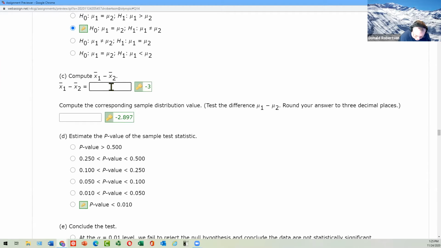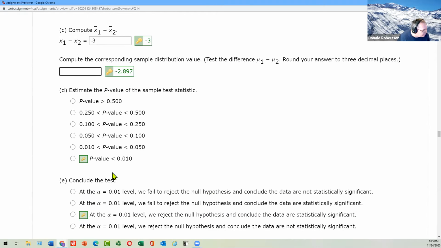The difference between the two, I didn't actually write that down, but it's negative 3. Can you see the 2.897, because that's what it rounds off to, where that came from? And we had a p-value that's in this range here. It was 0.0045, so it belongs there. Are we good so far?